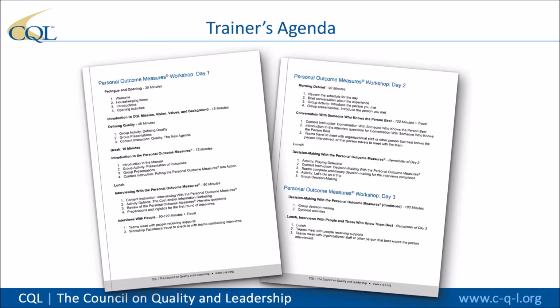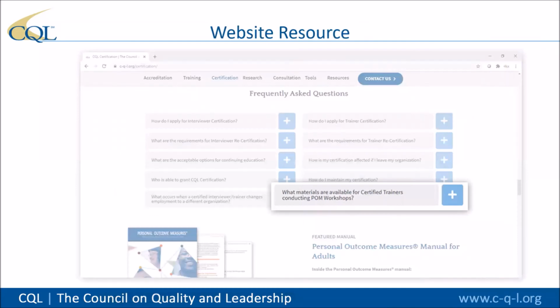And then right now, we've talked back and forth about how best to provide resources to you. For right now, what we've landed on is that on our certification page on our website, about three-quarters of the way down, you'll run into the frequently asked questions.